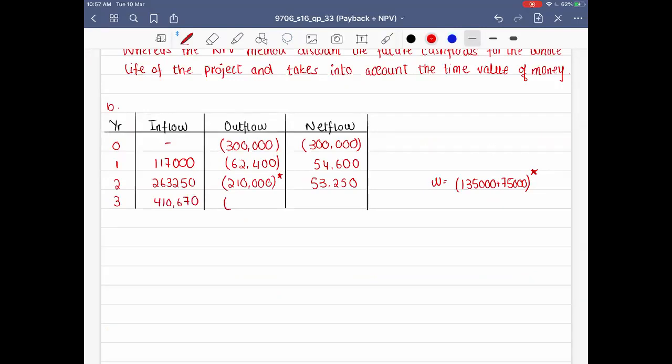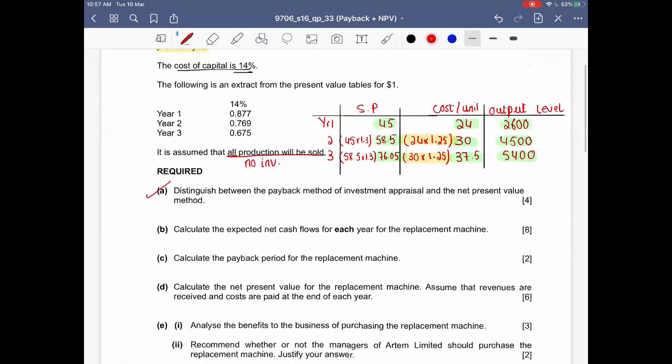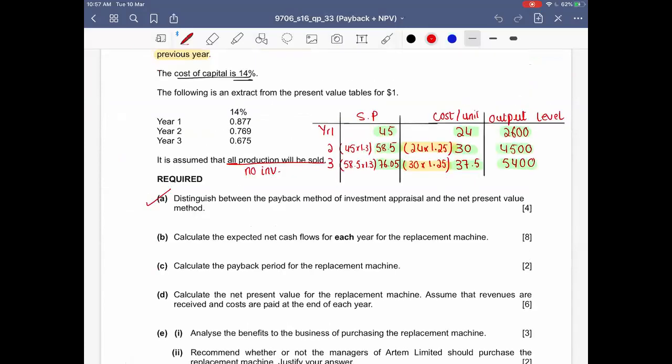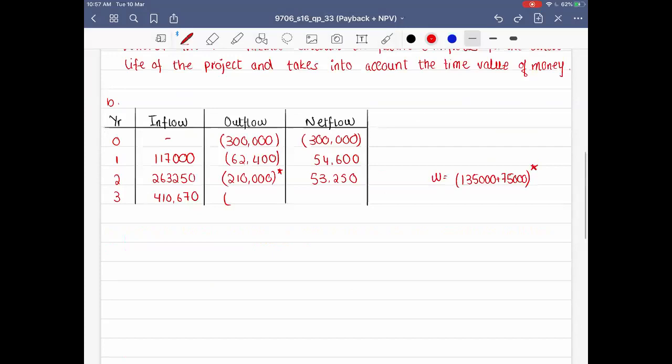And outflow is 5,400 into 37.5. That is 202,500. Inflow minus outflow. Net flow is 208,170.